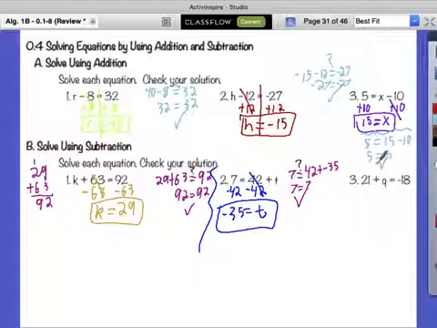Okay, what are these? Okay, so you take a negative plus a negative, you get a negative number. No. You're taking 21 away from it, so you add it together.